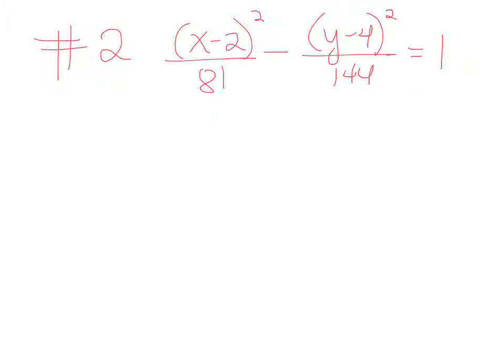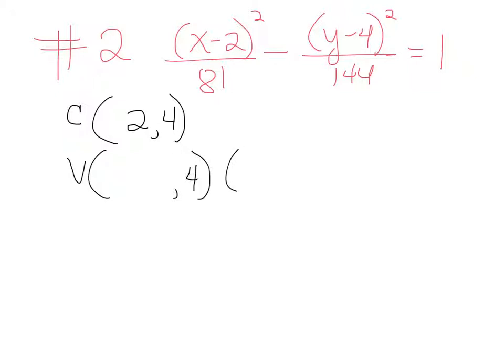So my center is 2, 4, right? And it's opening left and right. So if you look at the formula chart, it's opening left and right. So the y stays the same, the y level. So y for the vertices has to be 4. The x is the one that you need to add how much to the h? 8, 9, no? 8 units, okay.